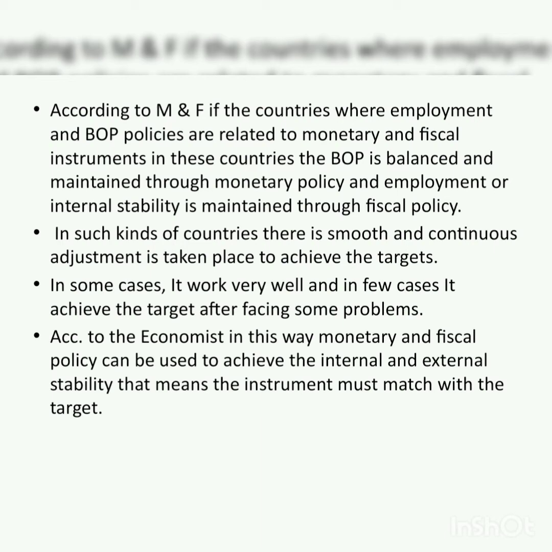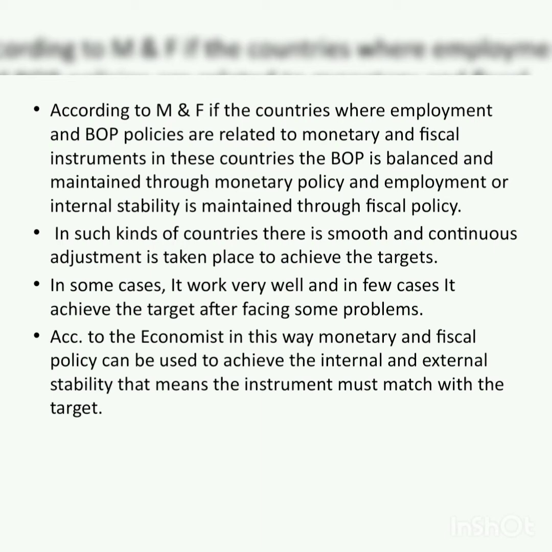In such countries, smooth and continuous adjustment is taken to achieve the targets. So the basic conclusion is that if we try to achieve internal balance with fiscal policy and external balance with the help of monetary policy, then this will work quite well.